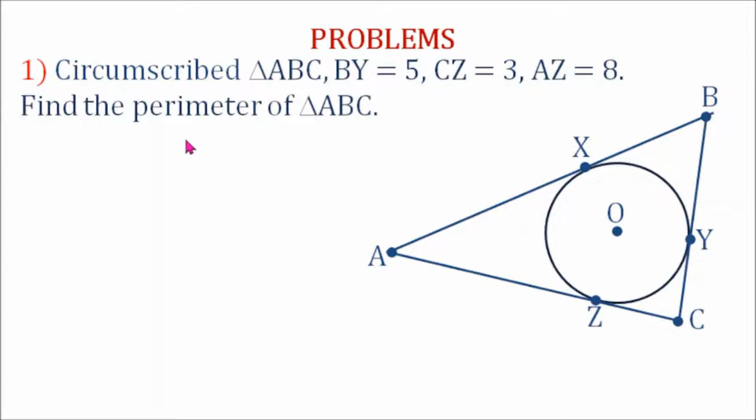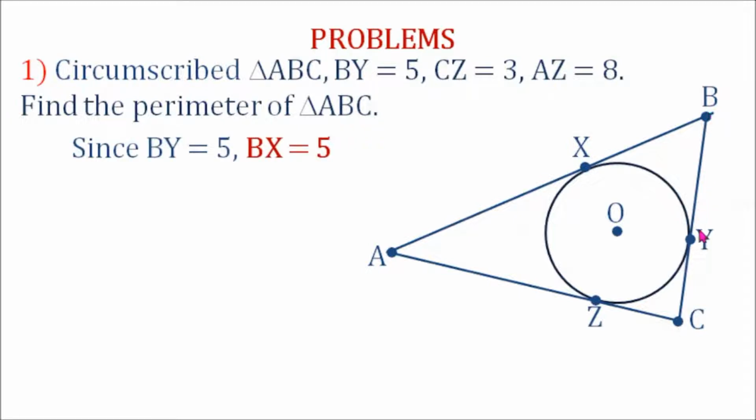Now we are going to do problems applying the theorems. Problem number 1. We have here in our figure circumscribed triangle ABC. BY equals 5, CZ equals 3, and AZ equals 8. Find the perimeter of triangle ABC.